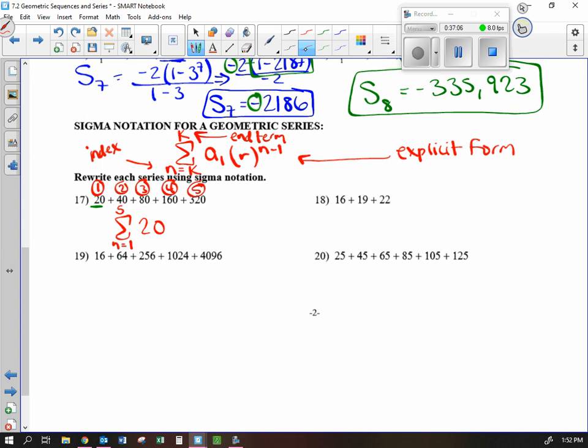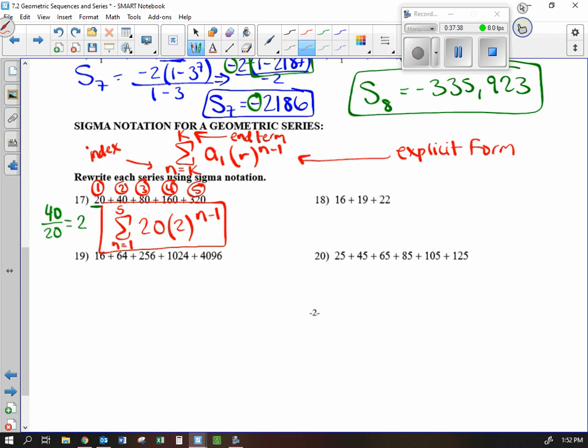Our r, what are we multiplying by to get to the next term? Well, remember, we did that by taking one term and dividing it by the previous. 40 divided by 20 is 2. So our r is going to be 2. And then to finish it out, we just have this n minus 1. So that would be our sigma notation for this geometric series here.